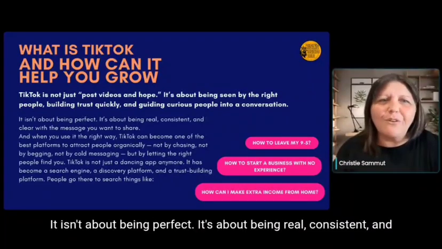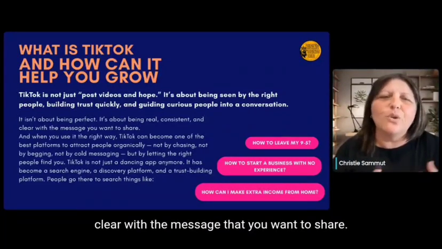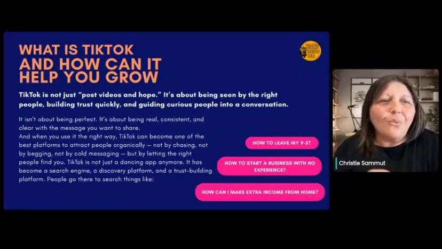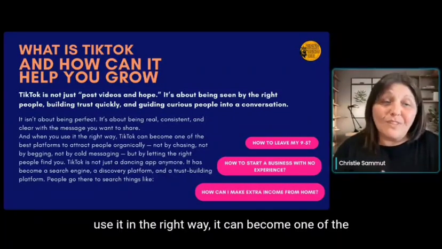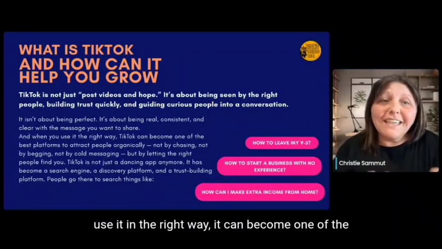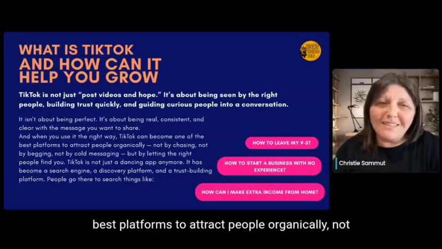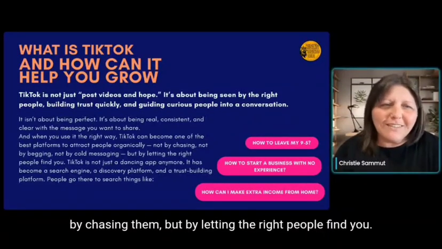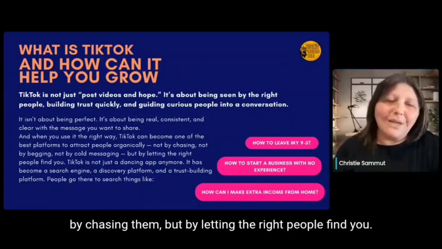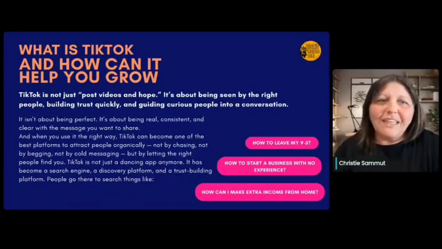It isn't about being perfect, it's about being real, consistent, and clear with the message that you want to share. When you use it in the right way, it can become one of the best platforms to attract people organically, not by chasing them, but by letting the right people find you.